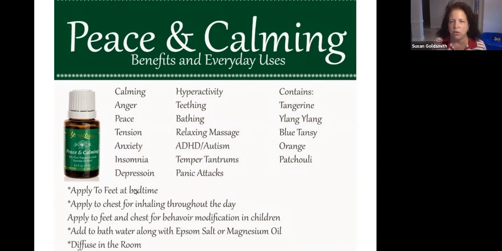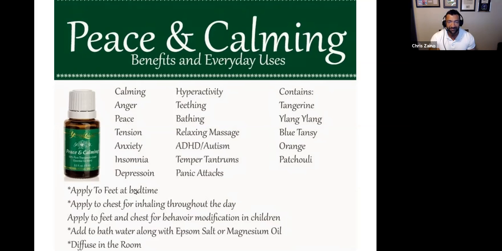It's really a great oil to have on hand all the time. And it contains tangerine, ylang-ylang, blue tansy, orange, and patchouli. So you can diffuse it as well as use it on your body. It's really a very relaxing oil. Actually, I accidentally used it in 2 diffusers, and it knocked me out for 8 hours. So it is definitely calming for the body.